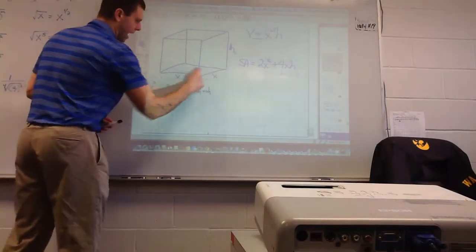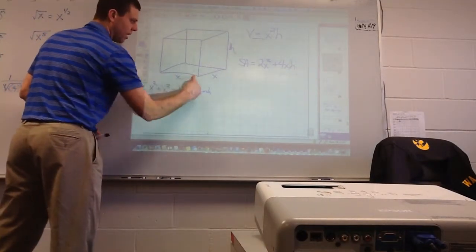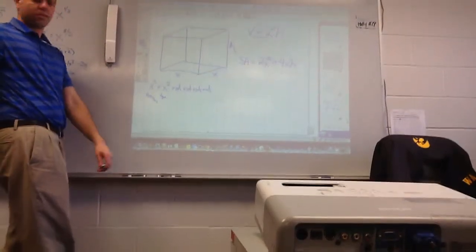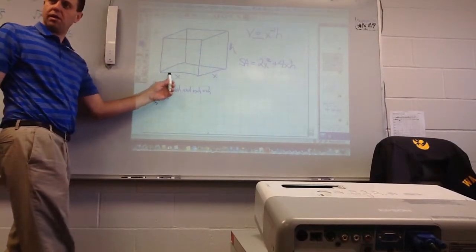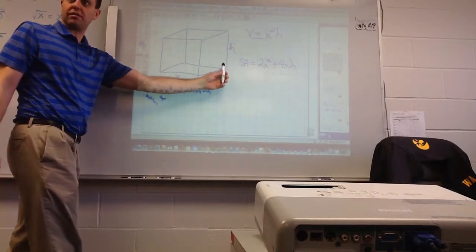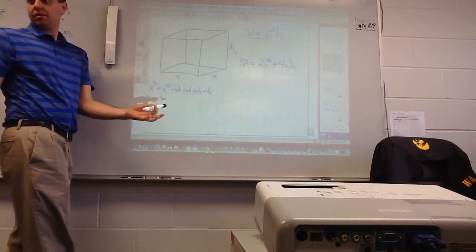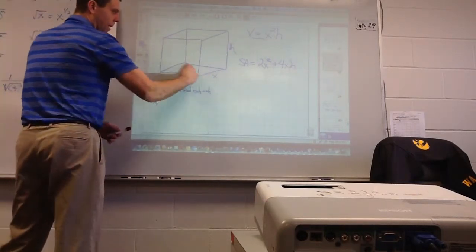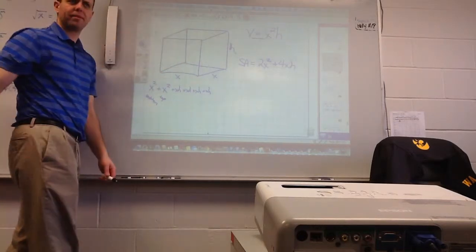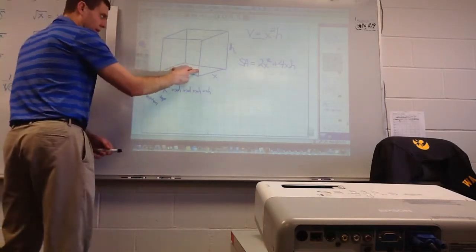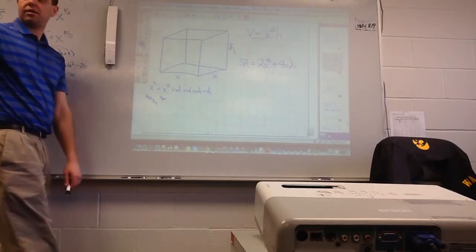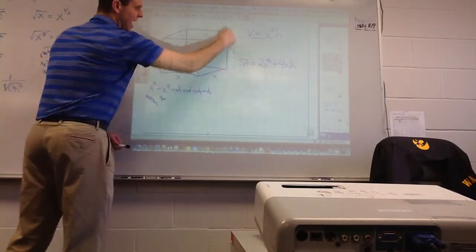Well, the bottom of the box. What's the area of the bottom of the box? Base times width. So in this case, x times x, right? Which would be x squared. So the area of the bottom of the box is x squared. What's the area of the top? I got x squared here, I got an x squared here. How about this side?